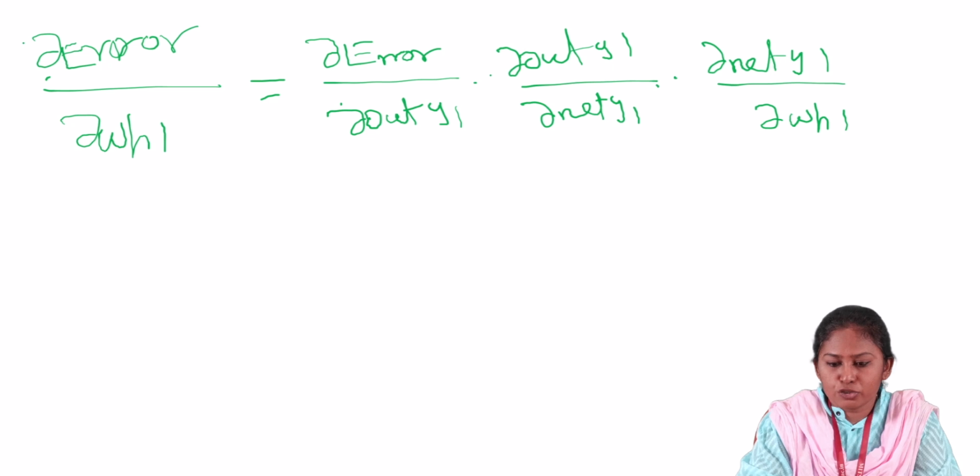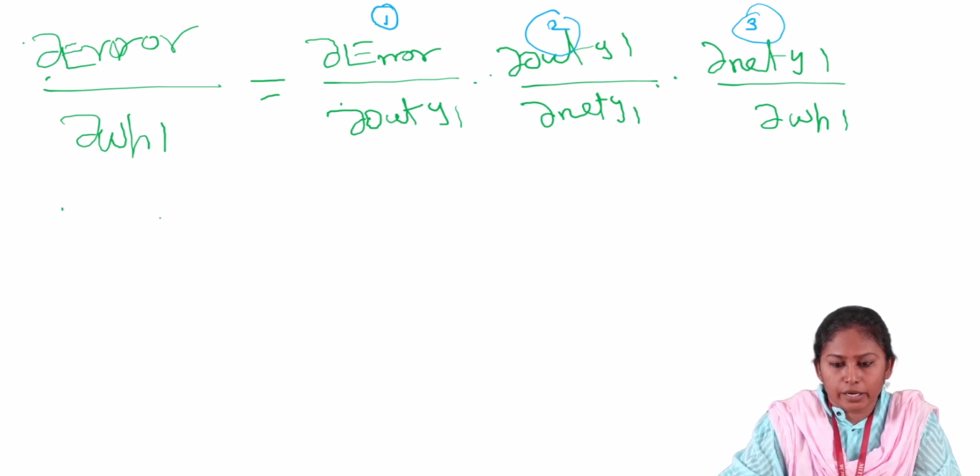Let me assume these parts: this is the first part, this is the second part, and this is the third part. I have to calculate all these three parts to calculate do error by do WH1. Okay, so let us start here.